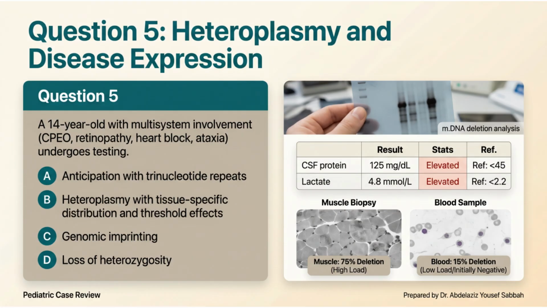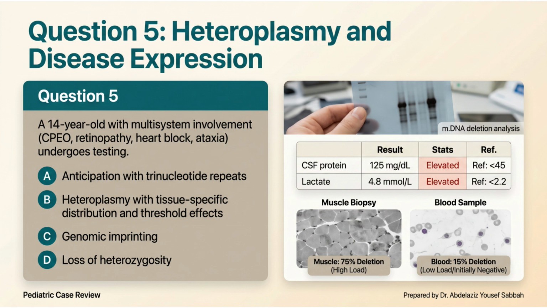Case 5. A 14-year-old with multi-system involvement, including ophthalmoplegia, retinopathy, heart block, and incoordination, undergoes testing. Cerebrospinal fluid protein is 125 milligrams per deciliter, which is elevated. Blood lactate is 4.8 millimoles per liter, also elevated.